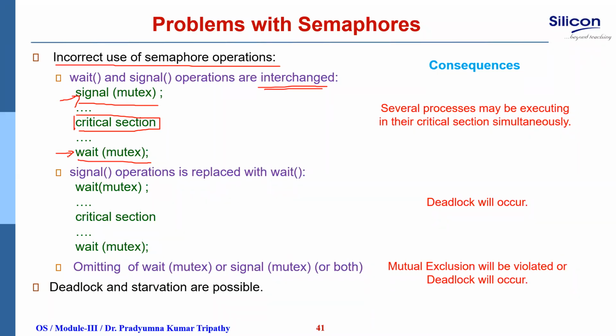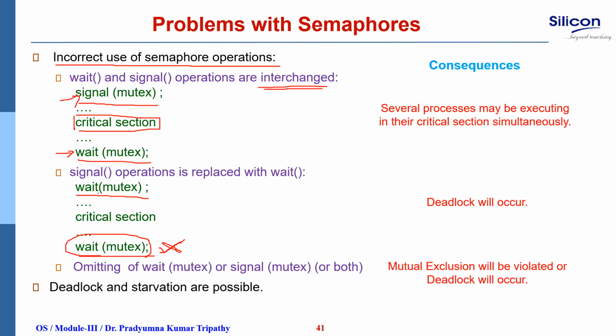Sometimes the signal operation is replaced with wait operation. That is the second mistake: you forget to write signal and you write wait instead. So now what will happen? This is actually wrong, but you have mistakenly written wait.